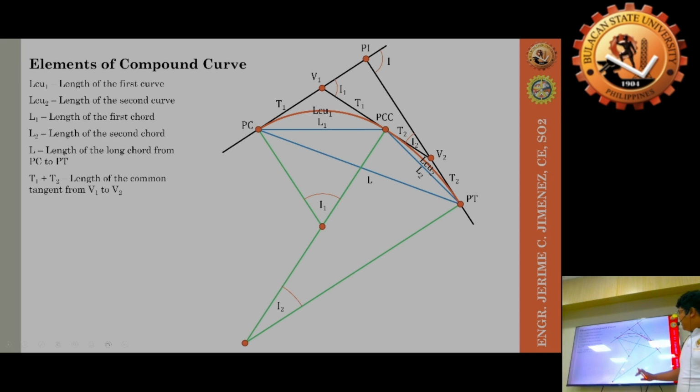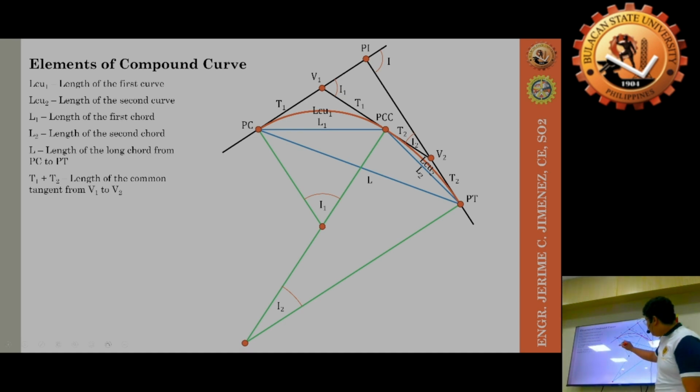Okay. So, ang kulang dito sa elements natin ay radius. Okay, radius ang nawawala sa atin. So, ang radius natin, if this is the first curve, so based on definition, the radius is located from PCC, perpendicularly from PCC to the point of origin.